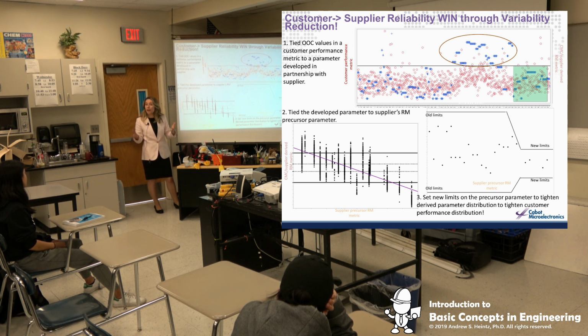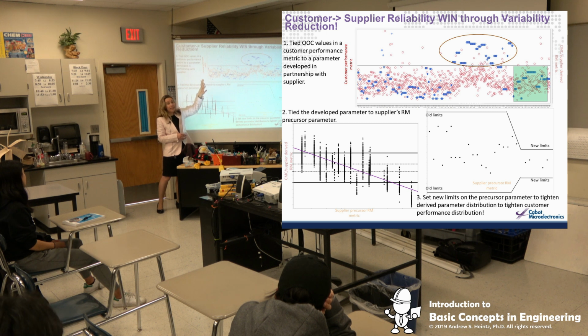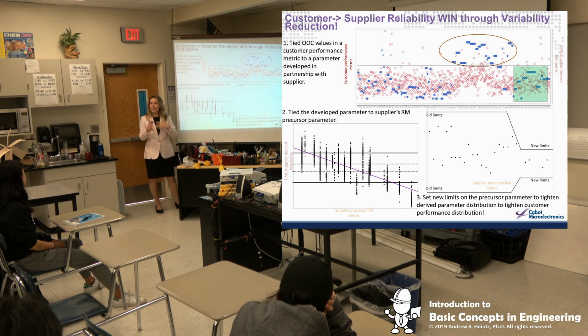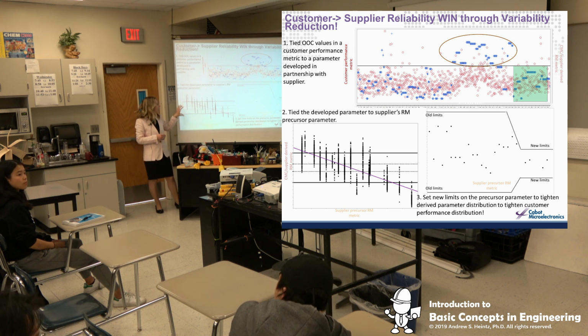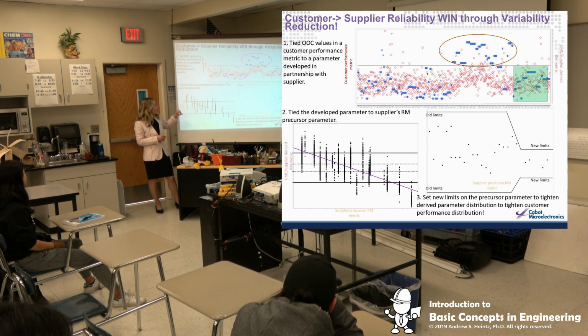So we used process control and control charts and statistics to take our customers' data, and then we processed it and looked at the charts and tied it to our supplier's chart, for which we turned their raw data into another control chart.